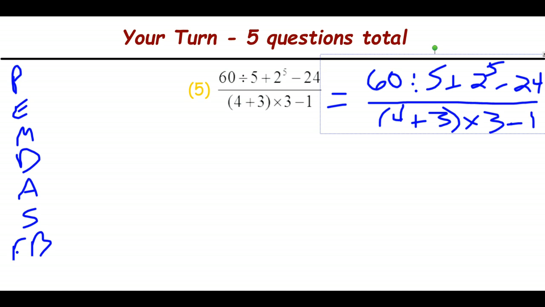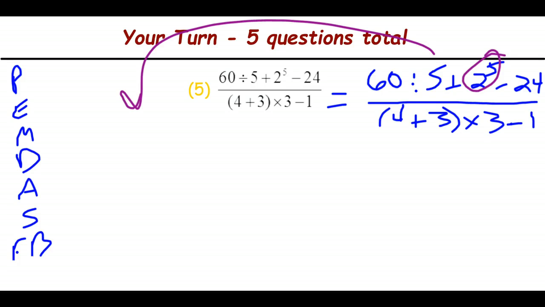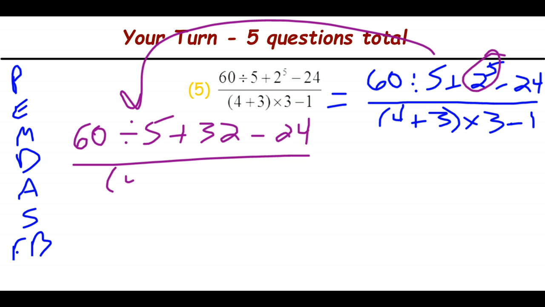Now we have some exponents that we have to deal with. The exponent is 2 to the 5th. If you go through 2 to the 5th, multiply 2 times 2 times 2 times 2 times 2, you end up with 32, which is the answer to 2 to the 5th. So I'm just going to write that in there: 60 divided by 5 plus 32 minus 24, all over 4 plus 3 times 3 minus 1.